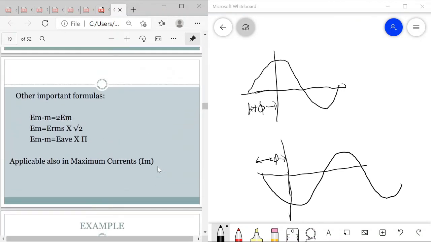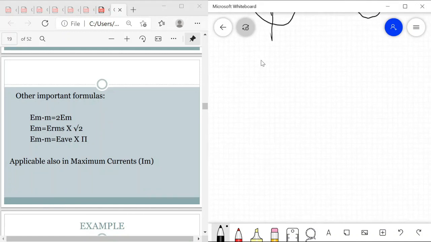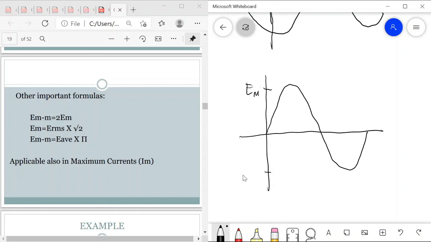So other formulas. E peak to peak, or maximum to maximum, is twice the maximum. So if we have a sinusoidal here, this is the Em and another Em. E maximum to maximum, or E peak to peak, is equal to twice the maximum.